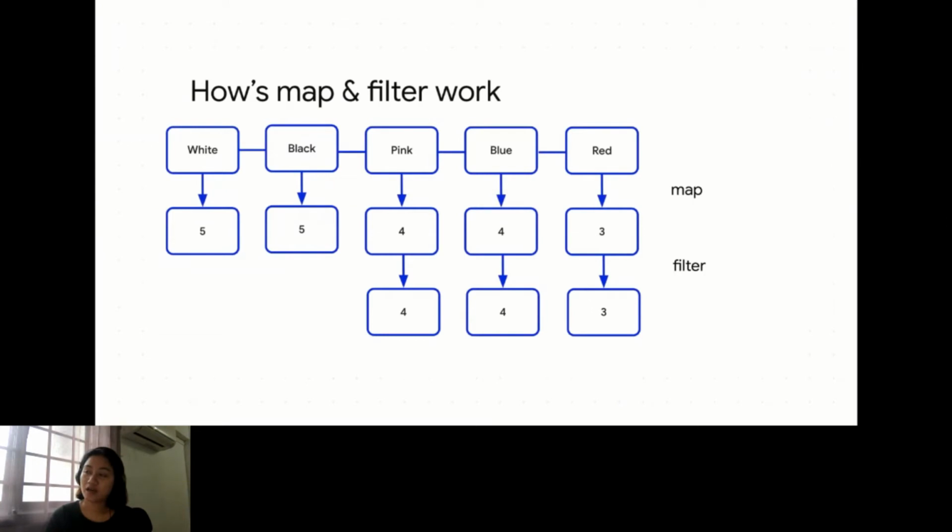So that's how map and filter work. Map transforms each value to another value. For example, firstly we have values white, black, pink, blue, red, and then we would like to transform from names to their length.